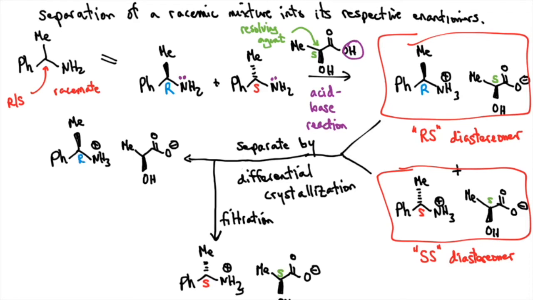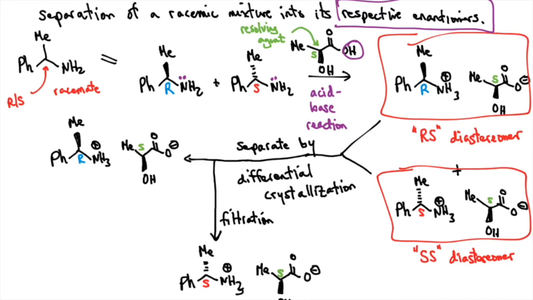So here's R, S. And then at the next stage, we don't want the diastereomers. We actually wanted to separate our racemic mixture into its respective enantiomers. So we need to recover each of those enantiomers now.